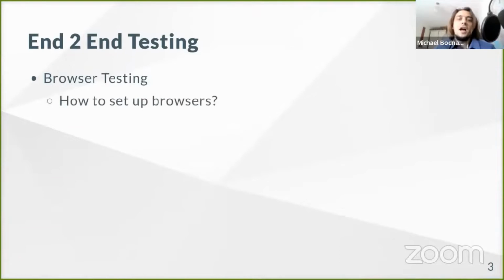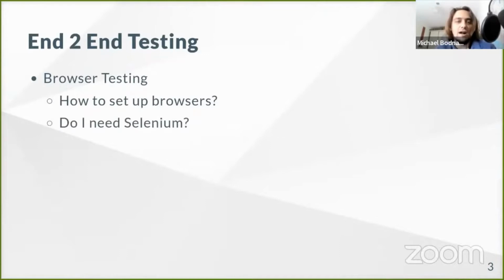So when we do browser testing, even if it seems a pretty simple task, like we are just emulating user behavior, moving the mouse, clicking the buttons, we still need to work with this very big black box of stuff that is happening in a browser. So the question we need to answer is how we set up the browser.